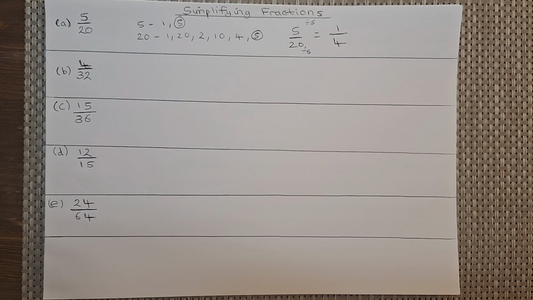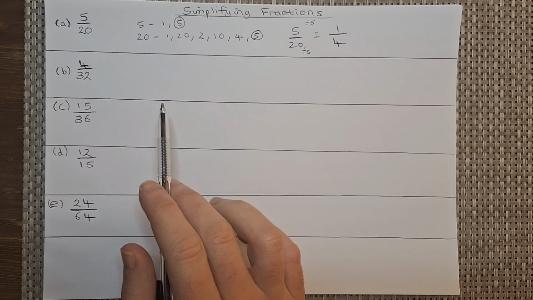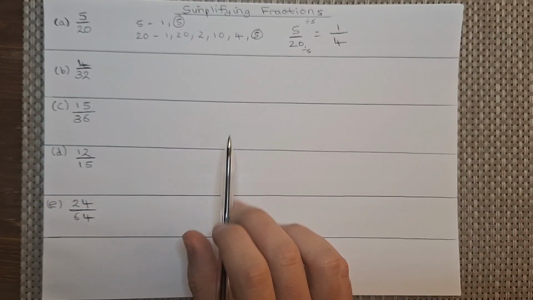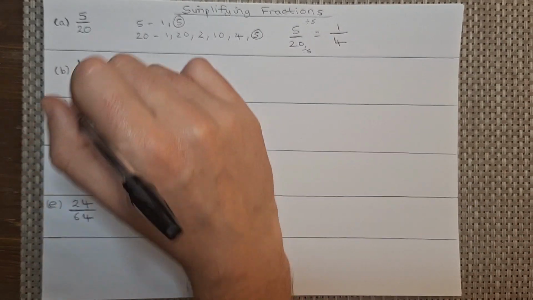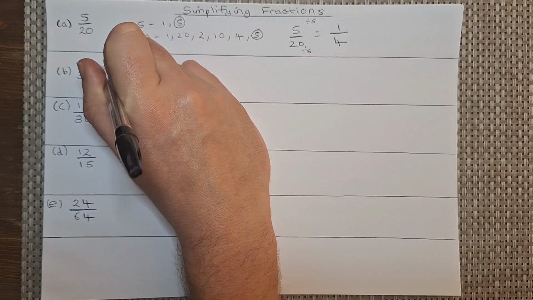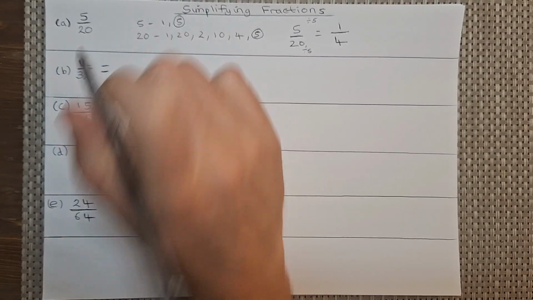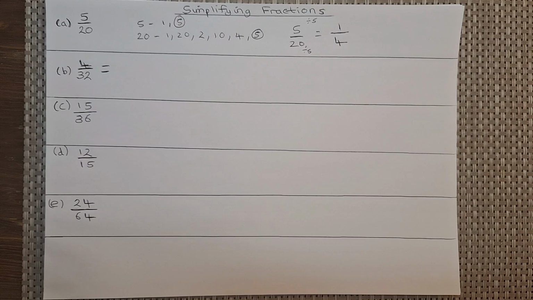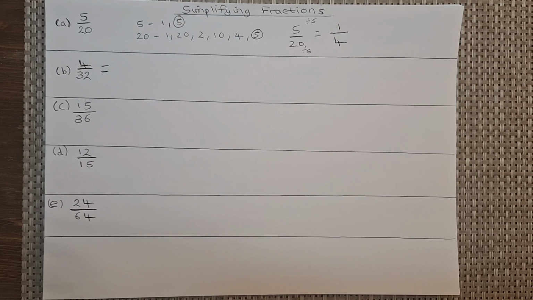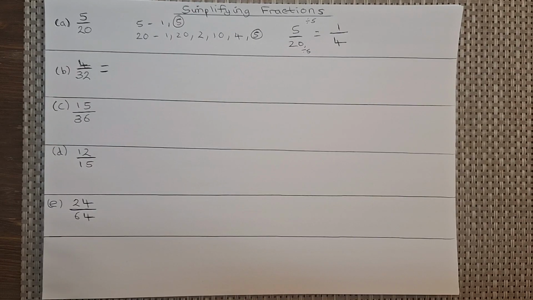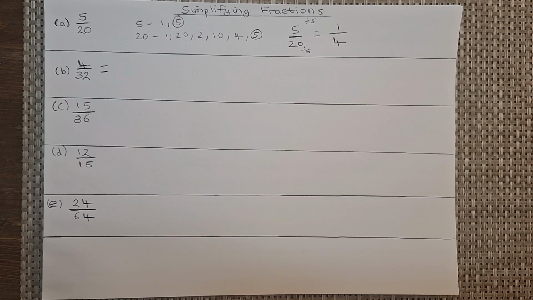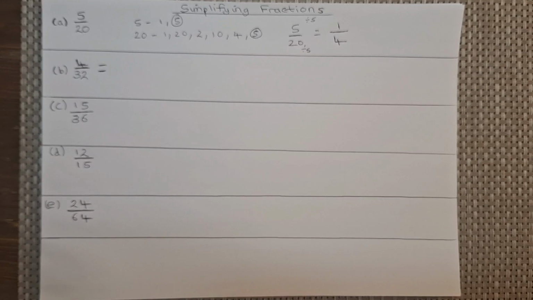Next one, 4/32. We could do what we previously did on this question. However, we can see from looking at both 4 and 32 that they are both even numbers, okay? Now, any even number has a factor of 2 because 2 goes into every even number, okay?